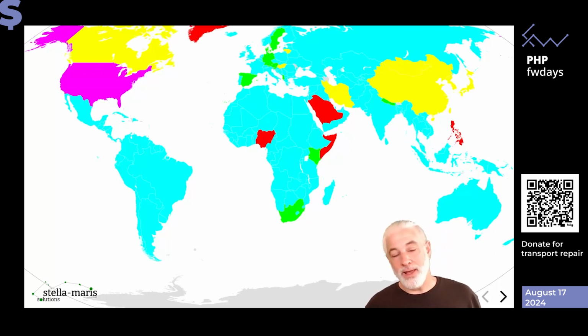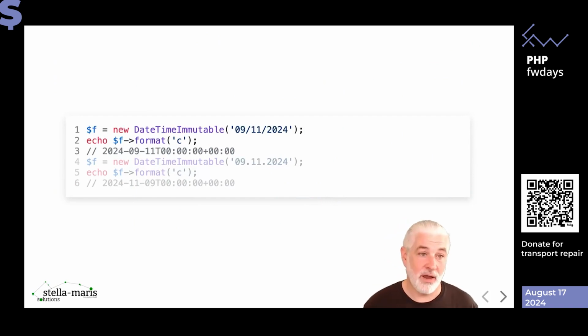But yeah, how do we handle that? So most of the time you will have kind of day, month, year, but sometimes not. Our datetime library actually is pretty clever. If you create a new datetime immutable object with 9/11/2024, it will actually format that as, yes, this is the 11th of September of 2024.